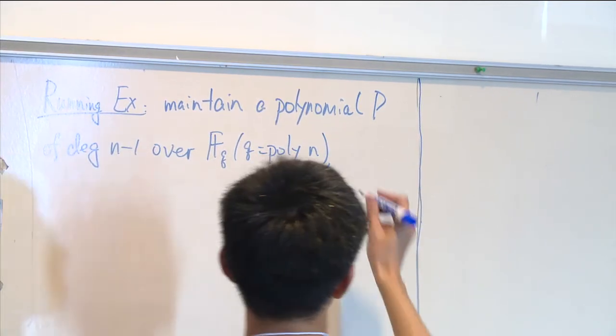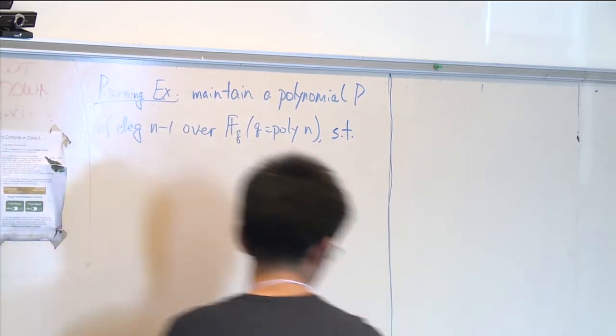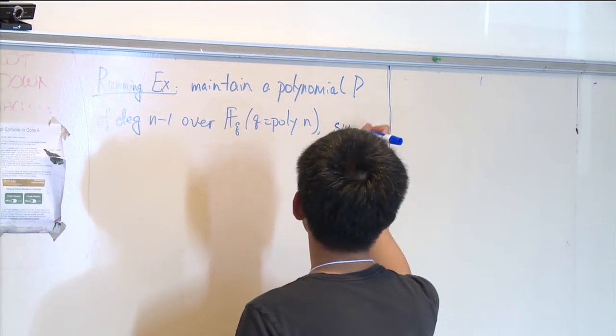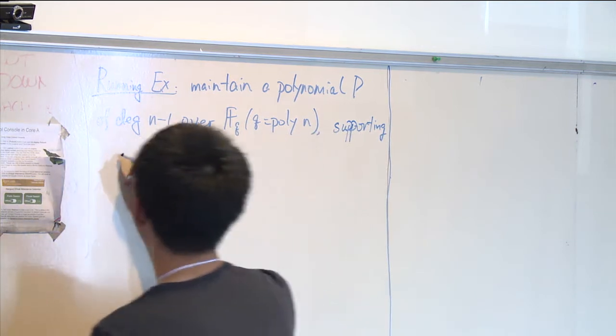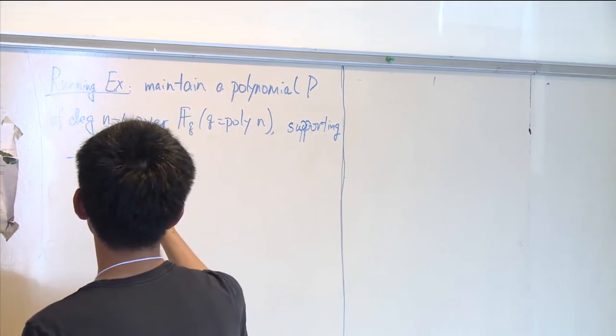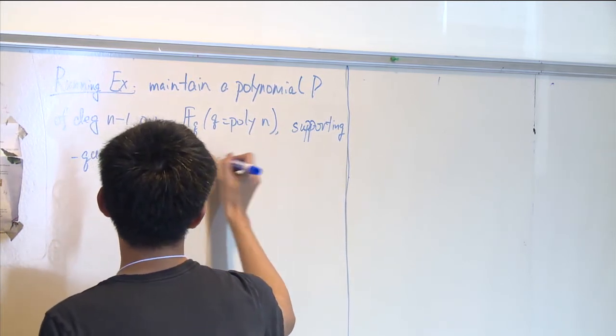One is the queries, which is the same as before. In each query, we'll get one element x from the field, and we must return p of x.